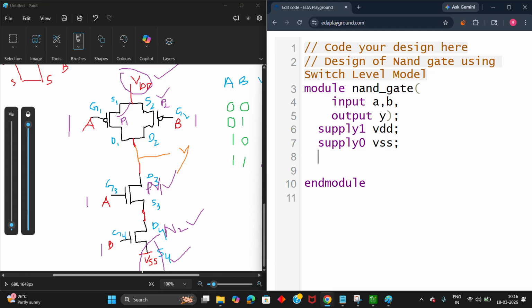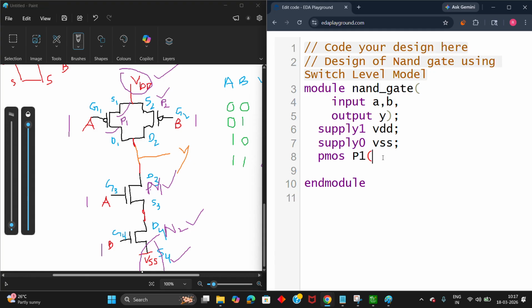First let us create the PMOS transistor. PMOS is the primitive name and the transistor we have considered is P1. In the braces you need to give a total of 3 parameters, because the PMOS transistor has 3 terminals.